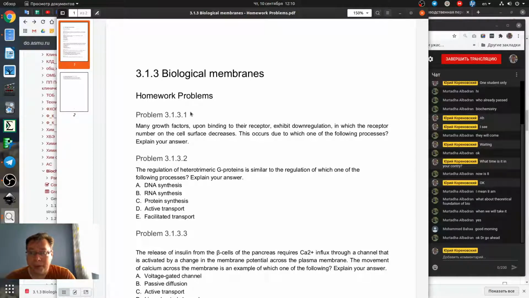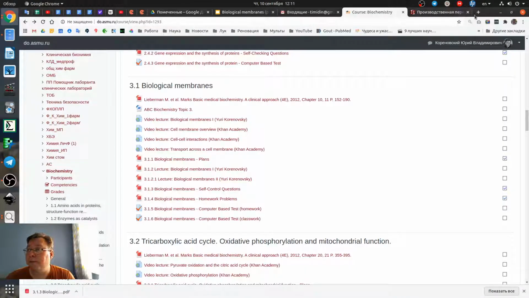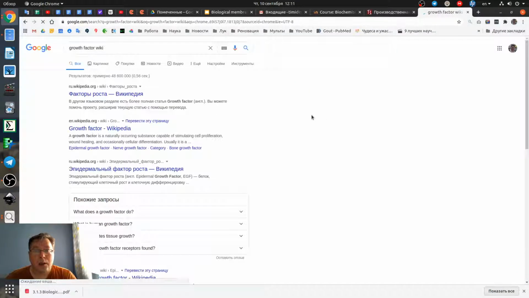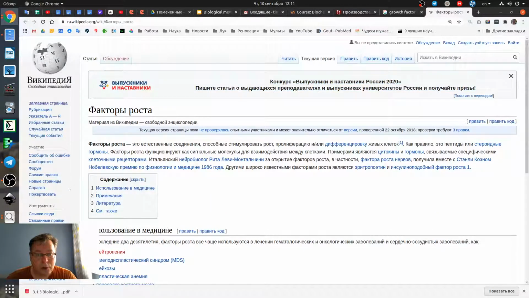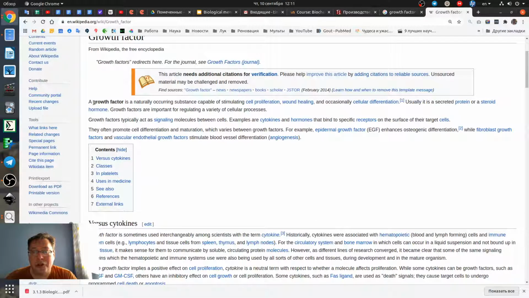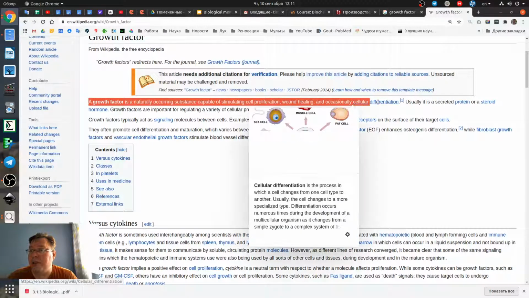What does it mean? The first question, what is growth factor? Growth factor, you can look in Wikipedia. What is it, growth factor? Wiki. Growth factor, English version. A growth factor is a naturally occurring substance capable of stimulating cell proliferation, wound healing, and occasionally cell differentiation.